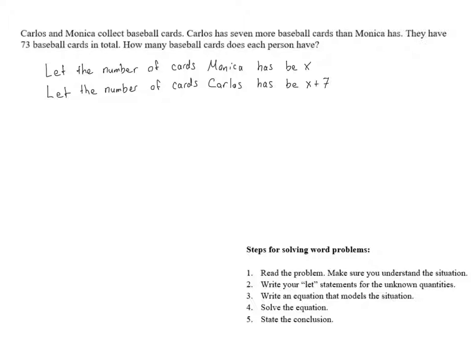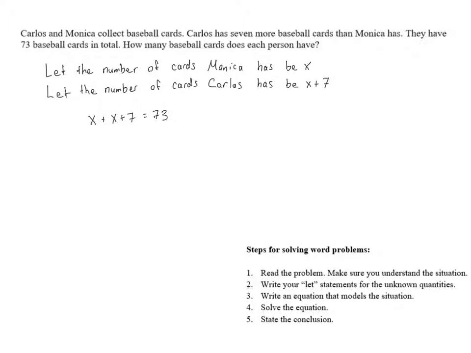Well, Monica has X cards, and then if we add to that the number of cards Carlos has, X plus 7 cards. So we're adding together the number of cards Monica has and the number of cards Carlos has. And we're told that in total they have 73 cards, so we know that the sum has to be equal to 73. Now we have an equation, and we can solve this to figure out what X is.